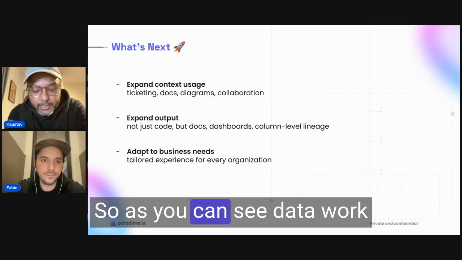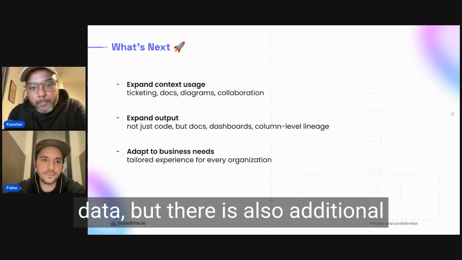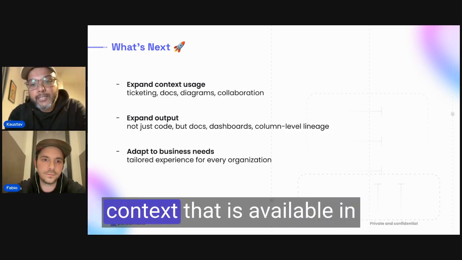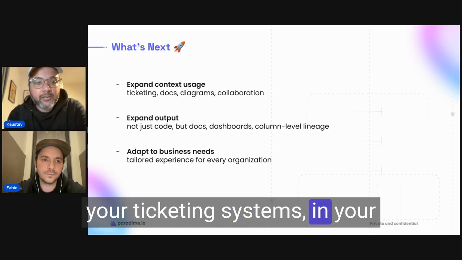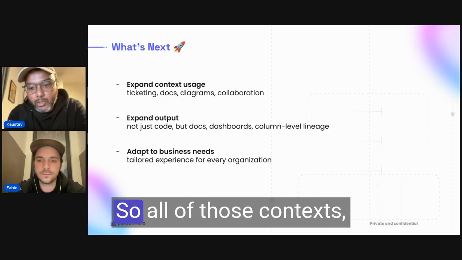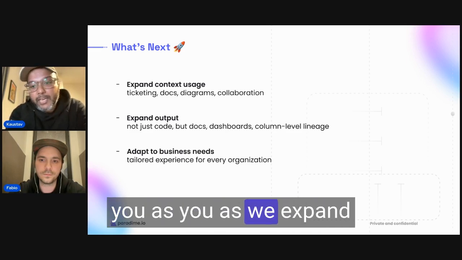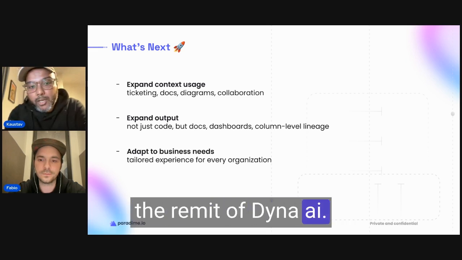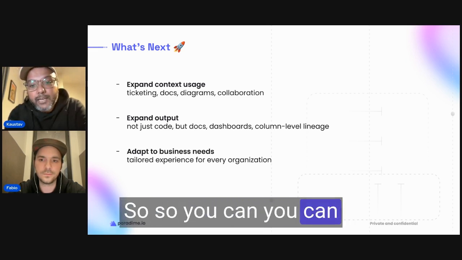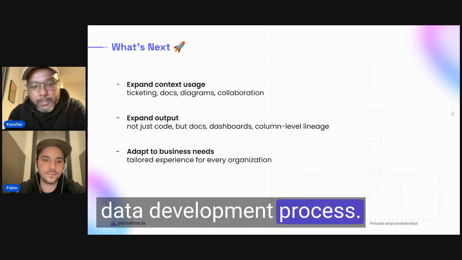As you can see, the data warehouse is one part of your data, but there is also additional context available in your ticketing systems, in your documentation, diagrams, through collaboration, etc. All of those contexts will become available to you as we expand the remit of Dino AI, so you can get even more context as part of your data development process.